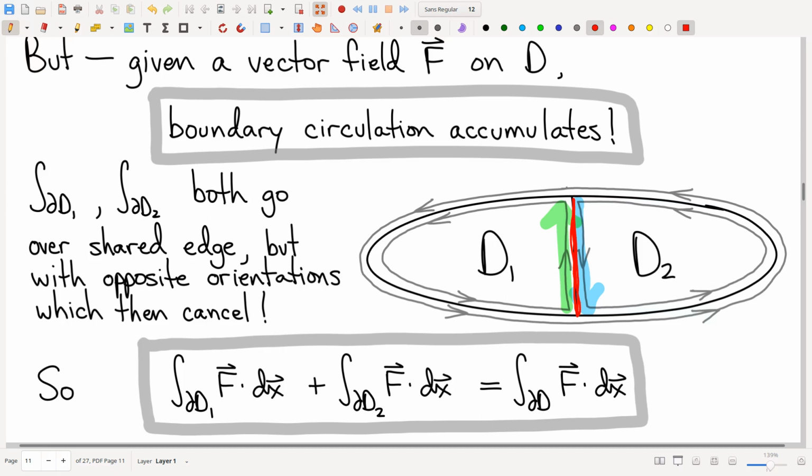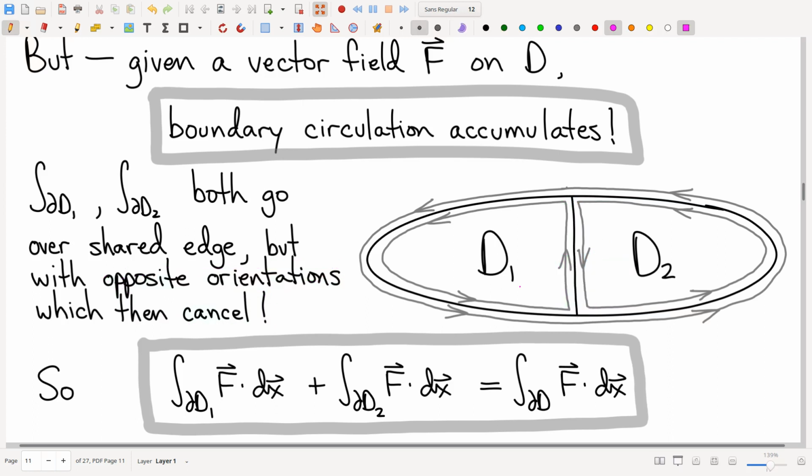So this would seem to be the problem right here, these two terms. And the beautiful observation is that this is the same curve with two opposite orientations, and so they cancel. And so in fact there is no difference between boundary circulation around the whole versus boundary circulation around each of the pieces added. Okay, so that's what we were doing last time.